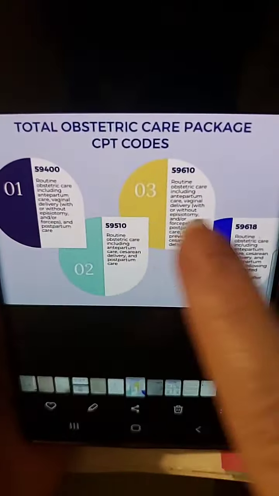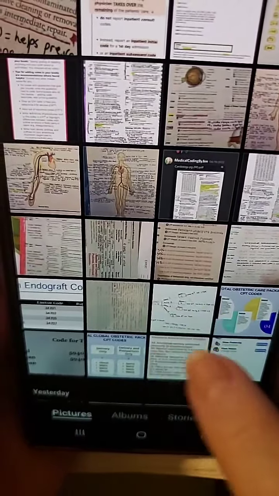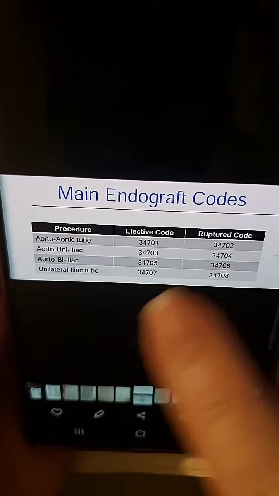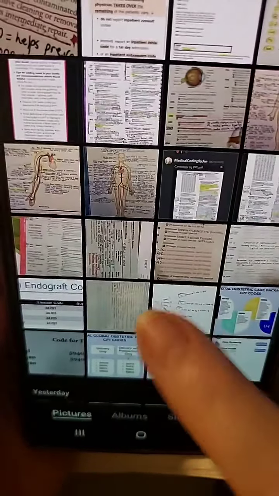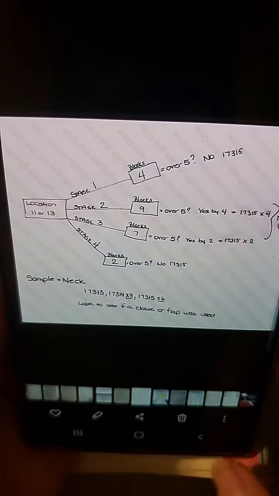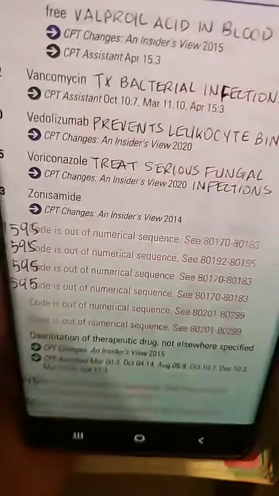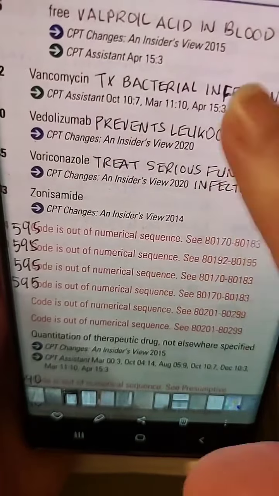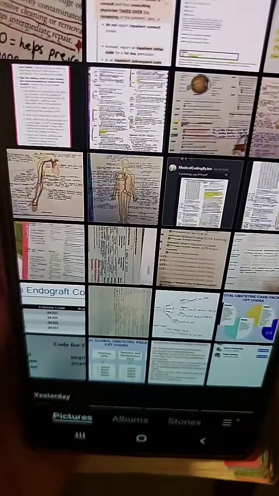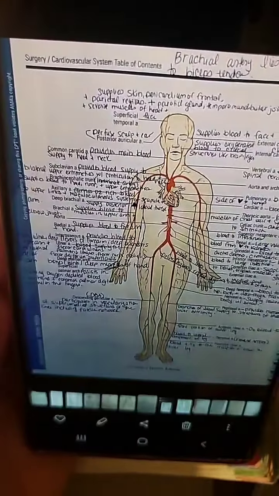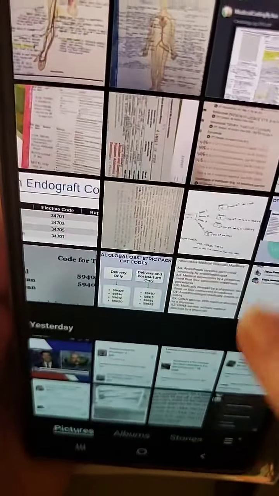Look at this one. This is how to deliver twins too in the global packages that we have. Endographs all broken out for you. Just tons of cool stuff in the CPT book prep room. I remember some of that stuff, so I was bringing it down and looking at it today, reminiscing.